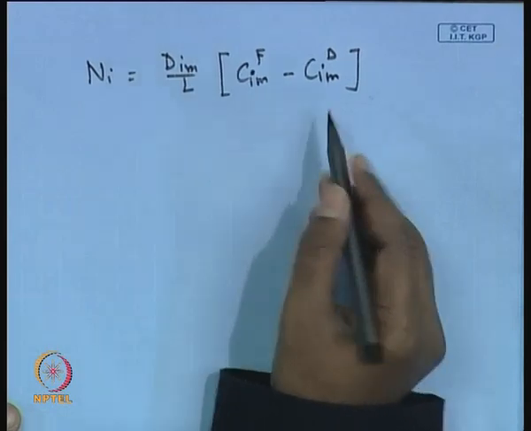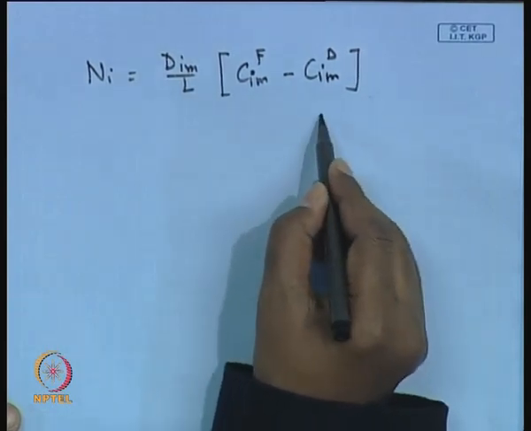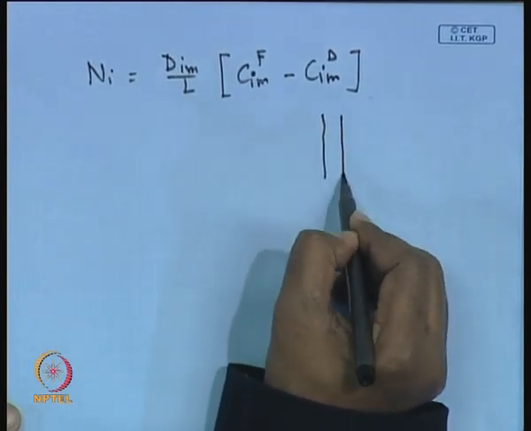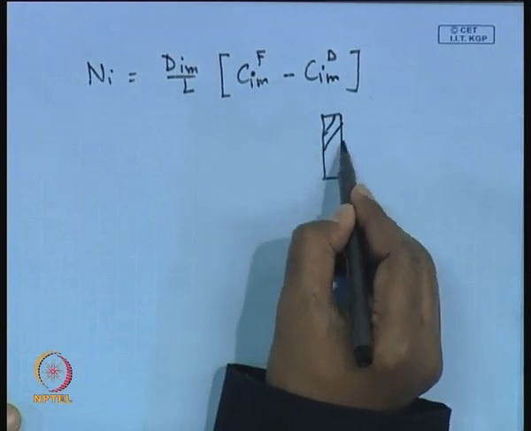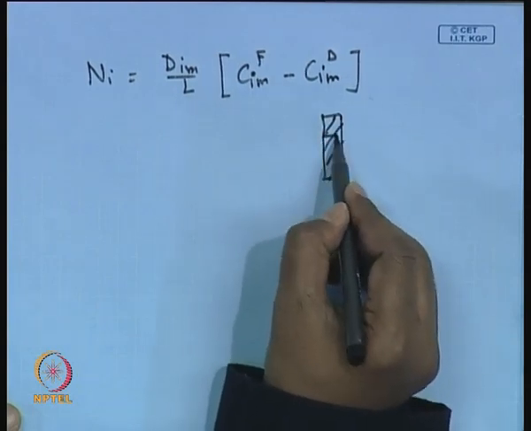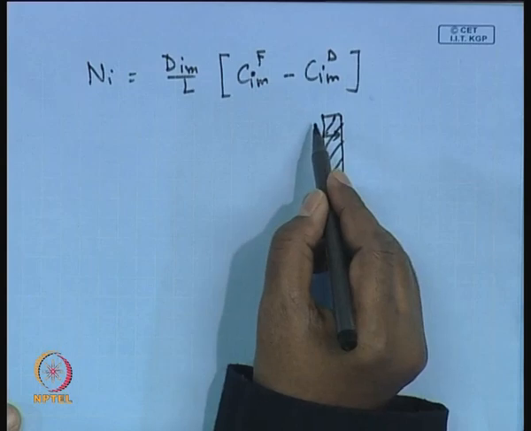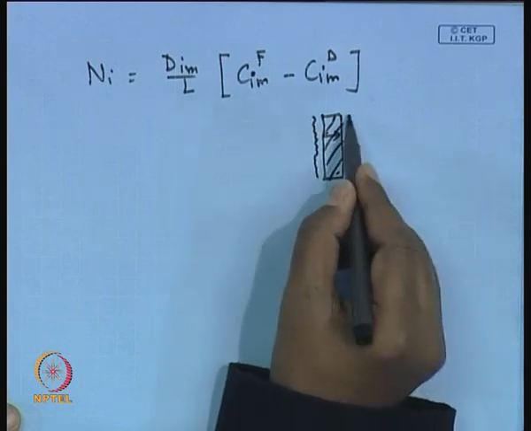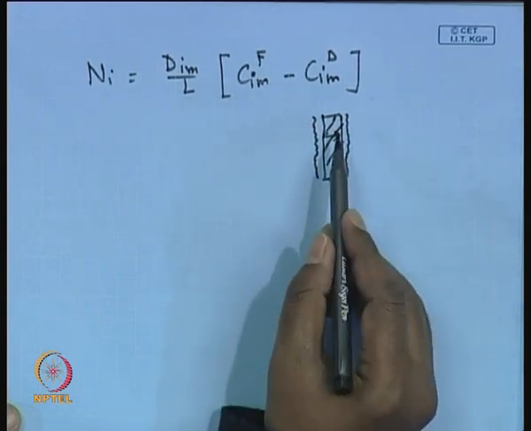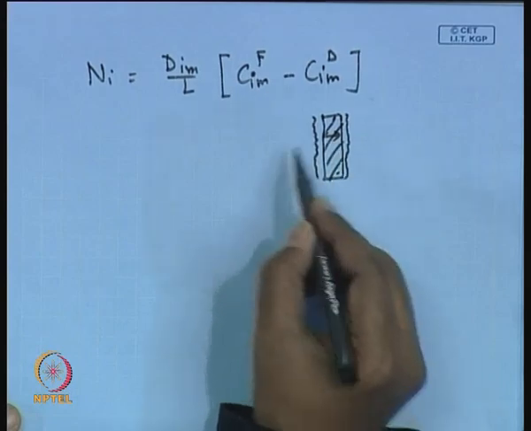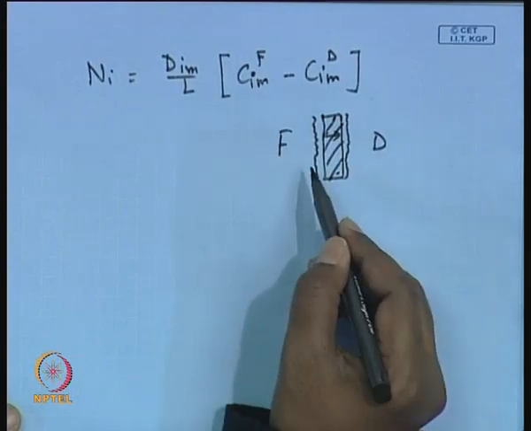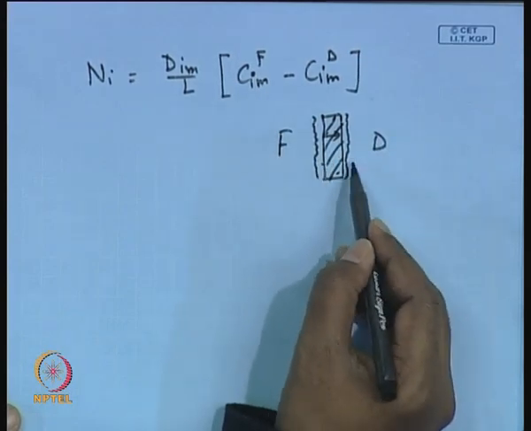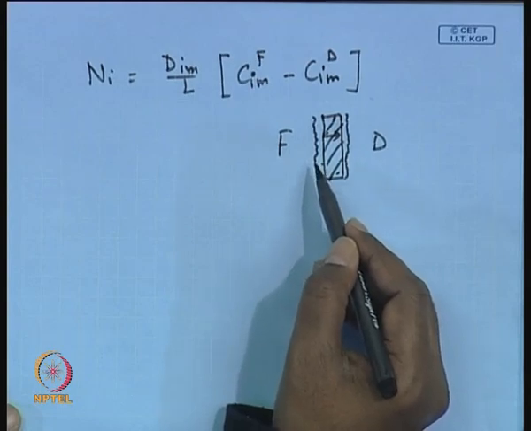Now, whenever there is a transport across the membrane, some solutes will be transported, so there will be a film of solutes formed both on the feed side as well as the dialyzed side. What is this film?